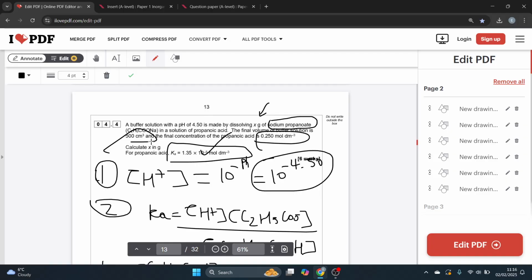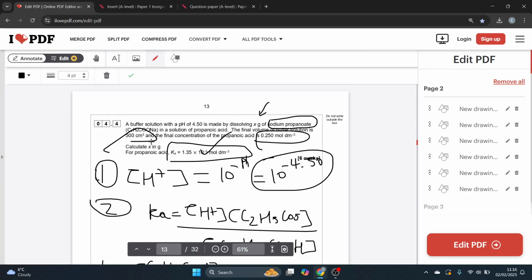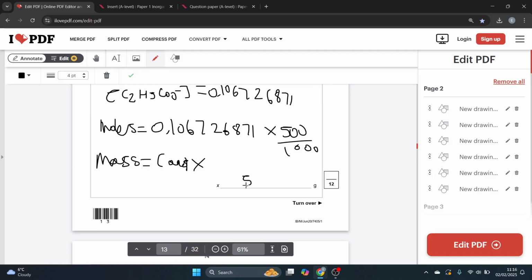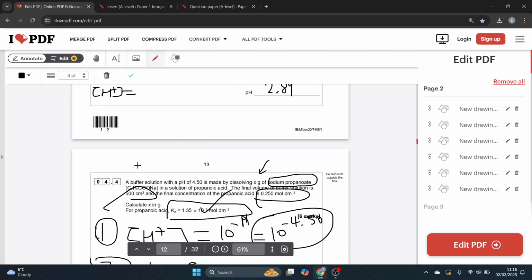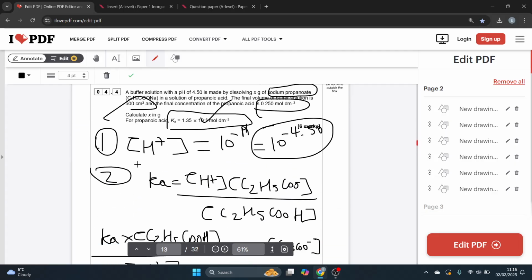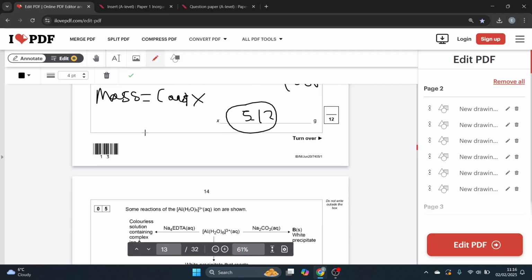So it's going to be my answer times 12 plus 12 plus 5 plus 6 plus 12 plus 16 plus 16 plus 23, and I get 5.12. It's not that tricky compared to some questions I've seen in buffer calculation. Obviously this is still pretty tricky, but it's not that tricky.